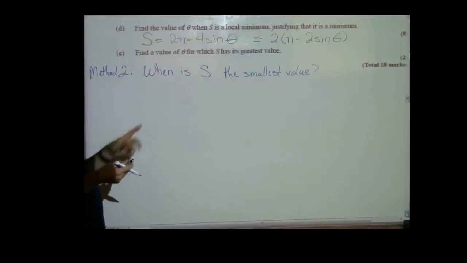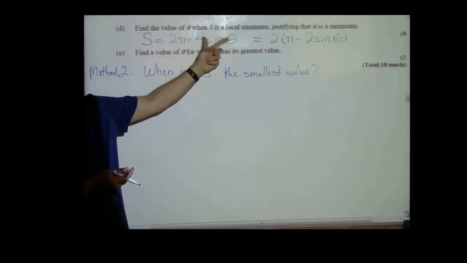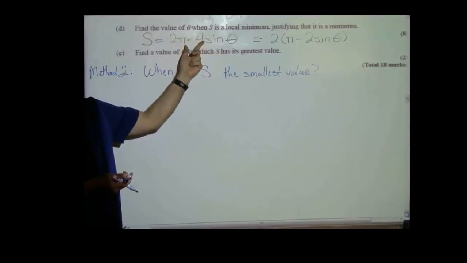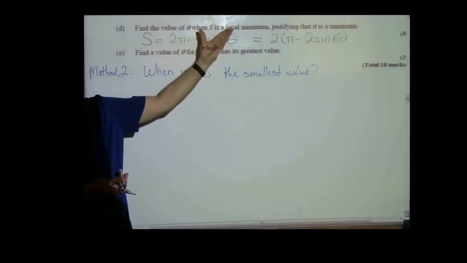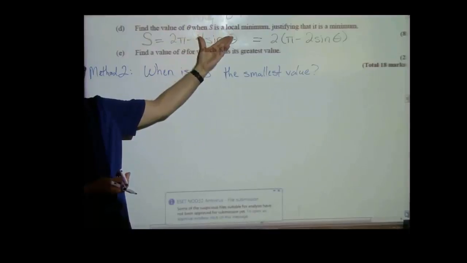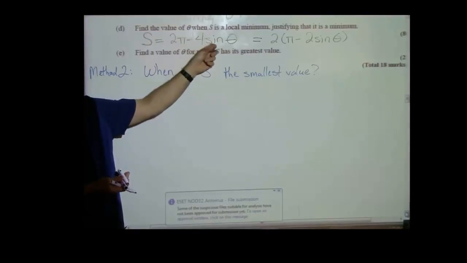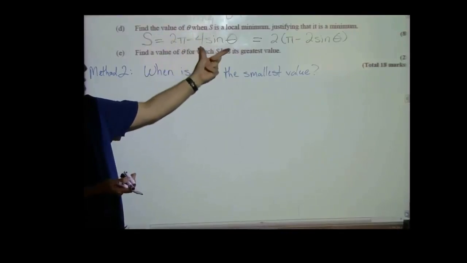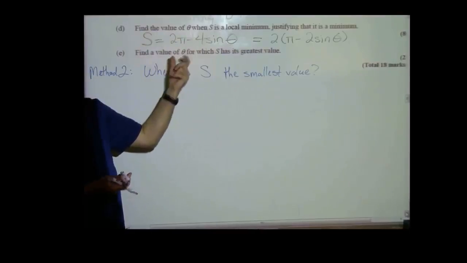If you think about it, 2 pi minus 4 sine theta, when you're subtracting two numbers, it has the smallest value when the second number is the largest possible. Does that make sense? If this was 0, but if it was 1, then you're 2 minus 1, 2 minus 2, 2 minus 3. So making this number as big as possible makes S as small as possible.